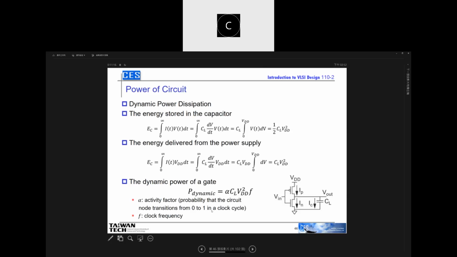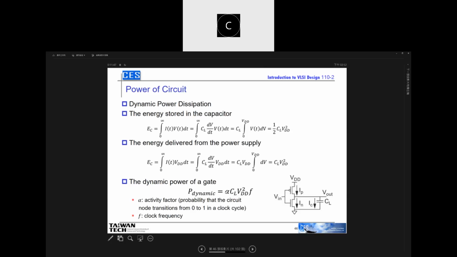So the operation of the circuit is not deterministic. We cannot assume that the circuit is always operated, which means the dynamic power is not always consumed. So we multiply by alpha as a probability: statistically, what percentage of the time your circuit is active.